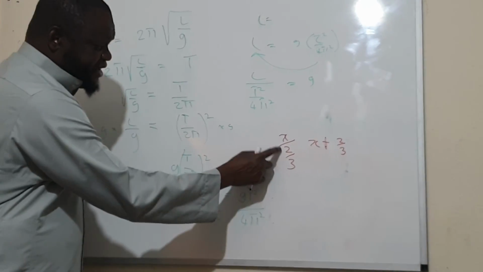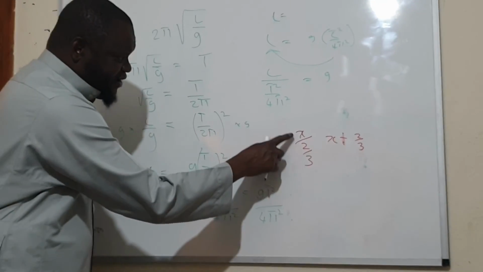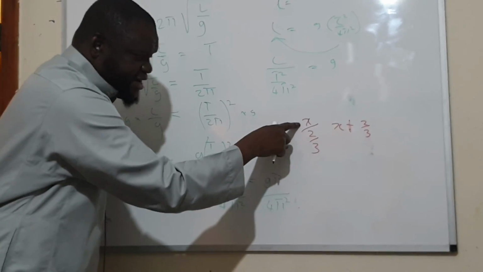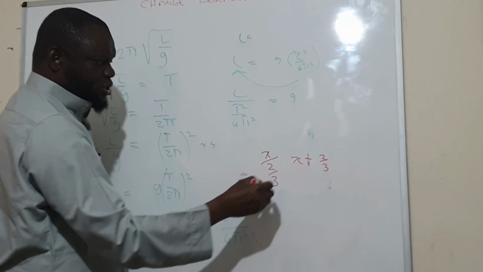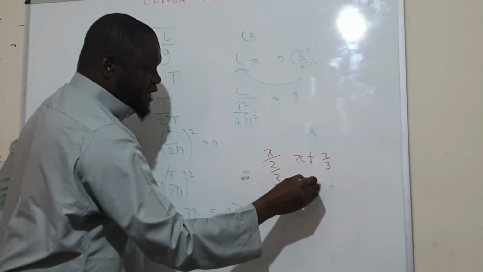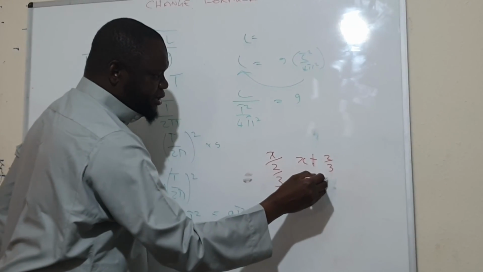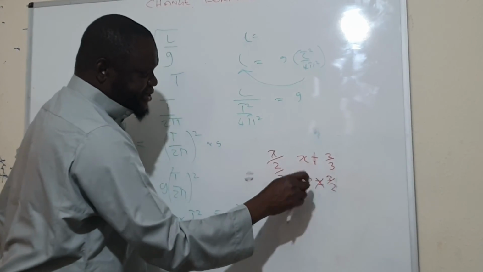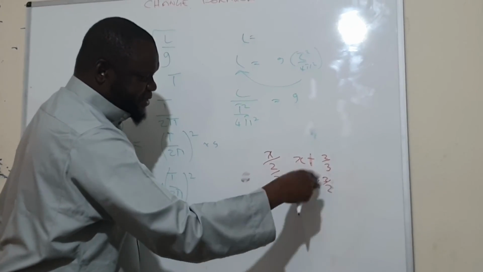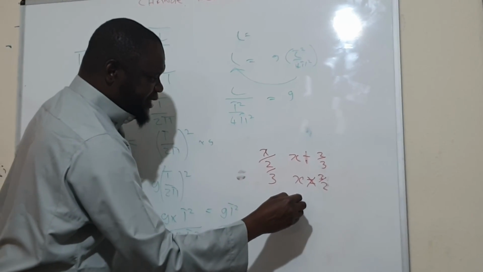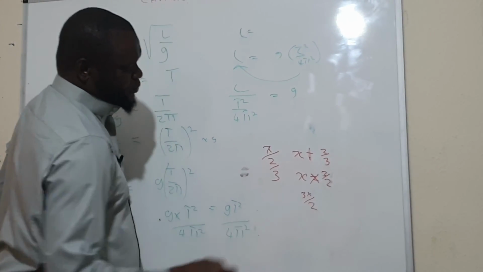It is the 2 over 3 that is dividing x, so that's the one which will change. The x will not be changed. So x is equal to x times 3 over 2. Since the division has changed to times, the fraction has to be reciprocated. So this will be 3x over 2.